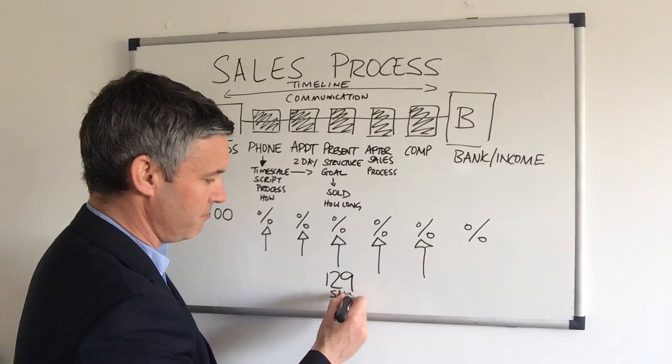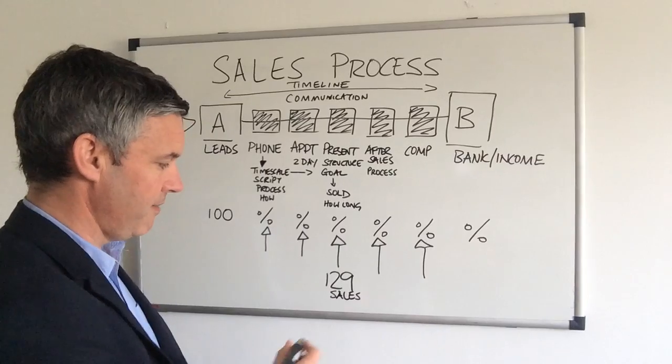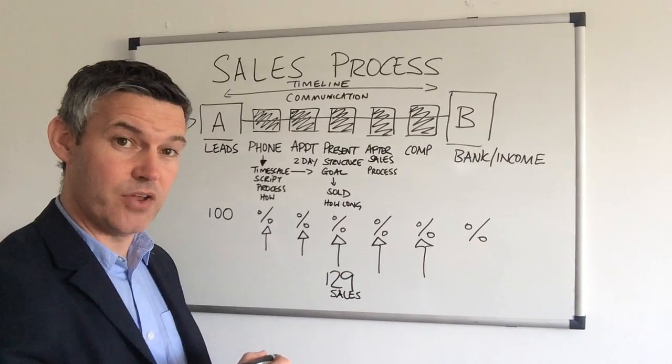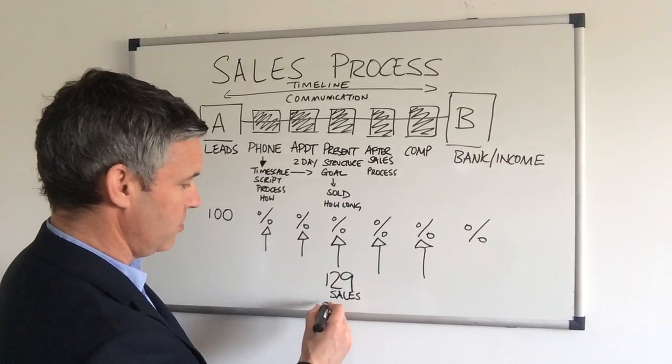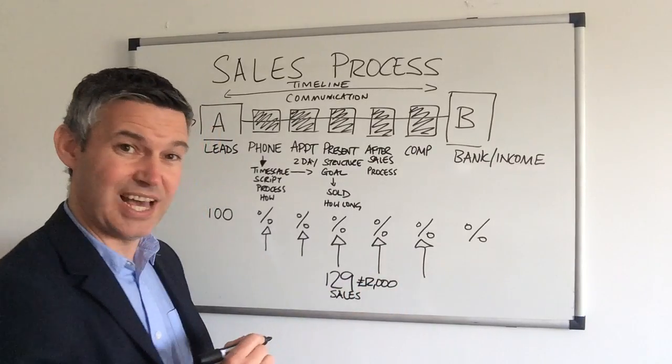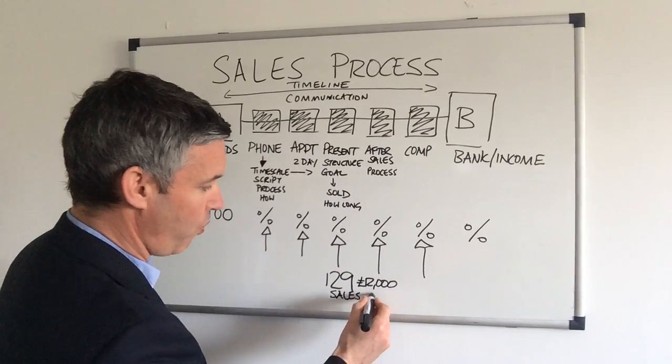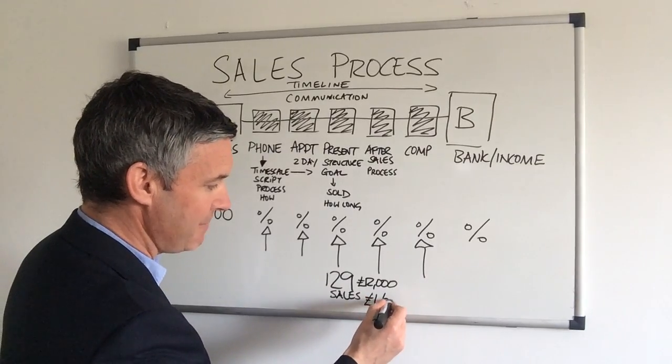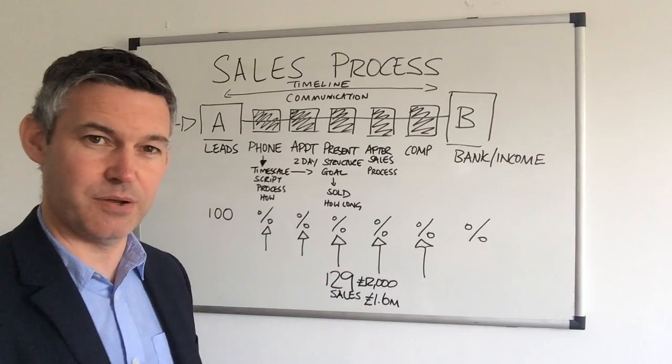Now, because we knew our numbers, the average sale of that 129 sales was £12,000. So that equated to almost £1.6 million of sales in that month.